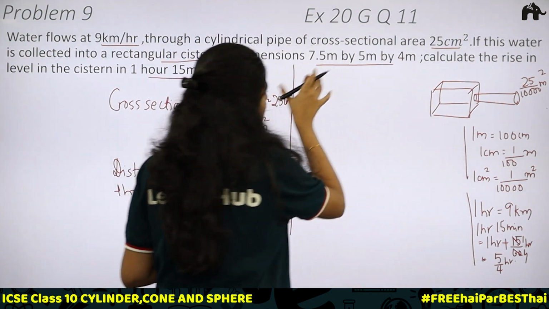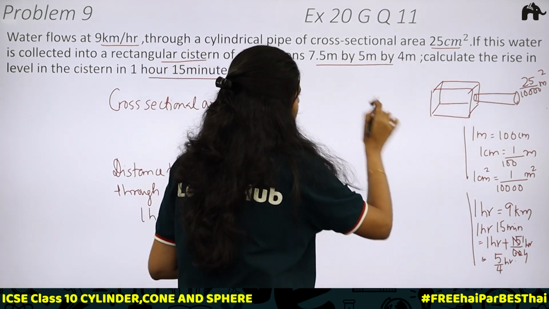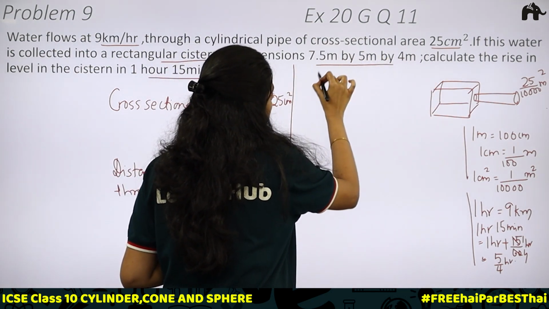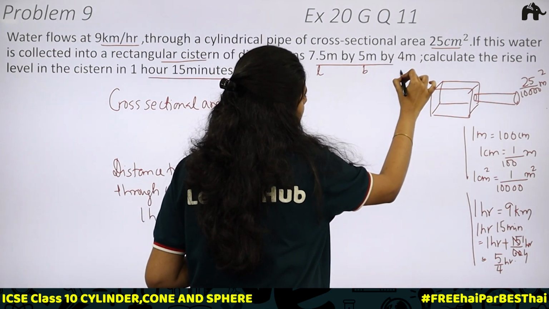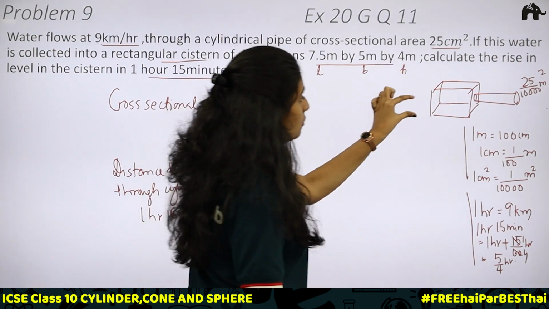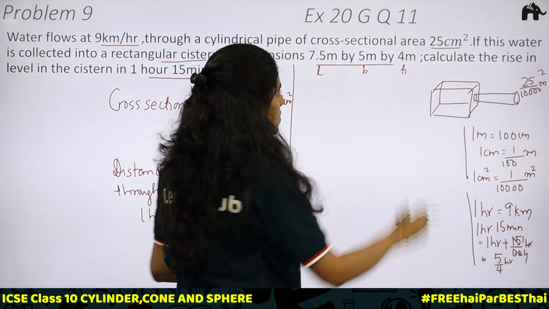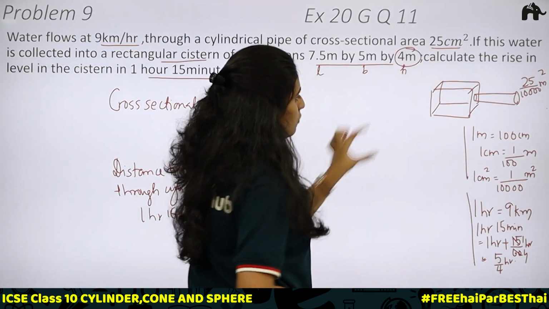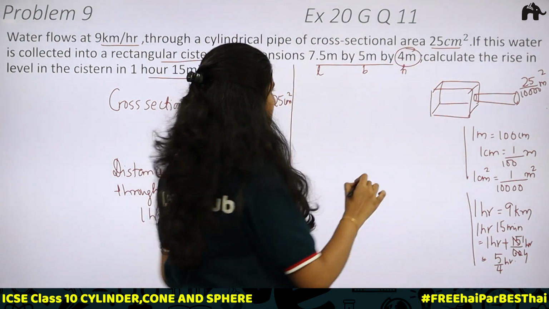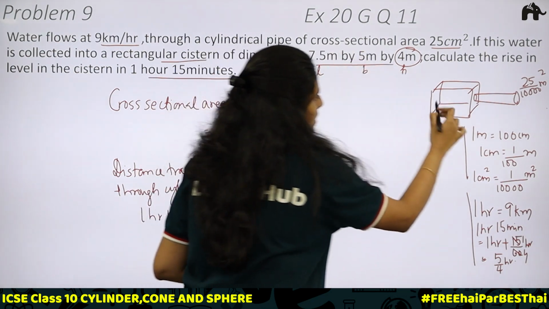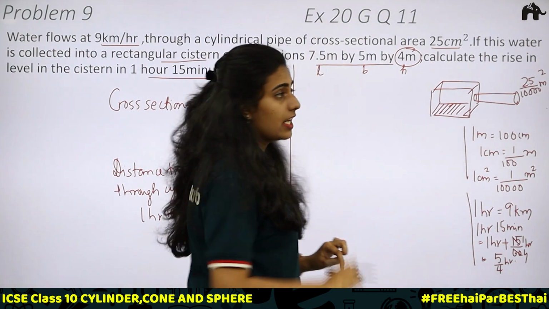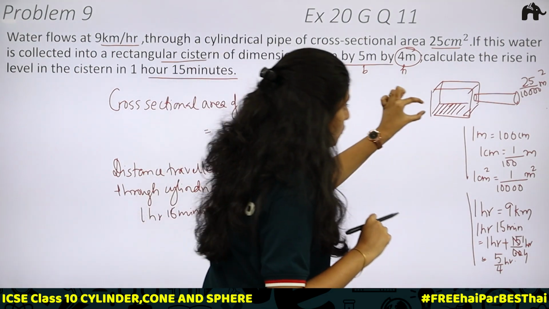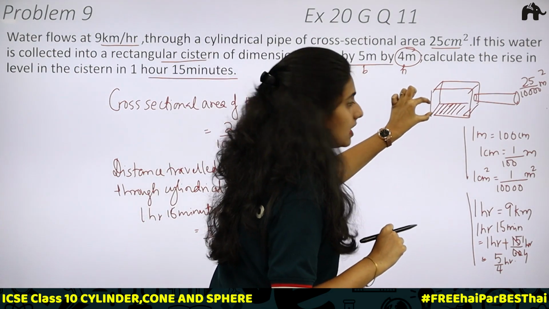The dimensions of the cistern are given: 7.5 meter is the length, 5 meter is the breadth and 4 meter is the height. We need to find the height, so we don't need this 4 meter, which is the total height. We need the length and breadth, which give the area of the base of the rectangular cistern.